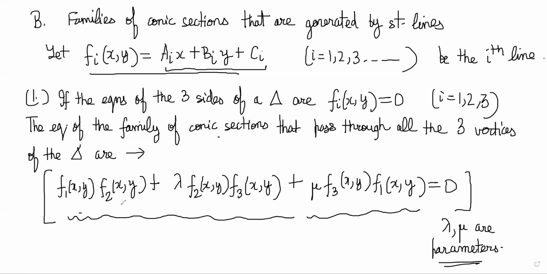You could represent a parabola that circumscribes a triangle, or an ellipse that circumscribes a triangle, or a hyperbola. So in general, this equation with lambda and mu as parameters represents the circumscribing conic around the three vertices of a triangle, if you know the equations of the sides of the triangle, right? So this is a very useful property. So make sure that you understand this.